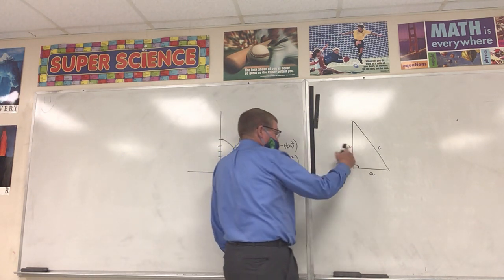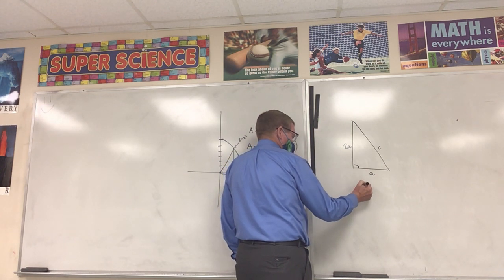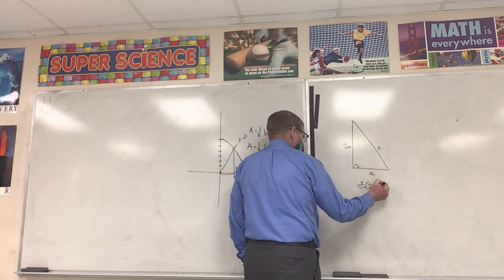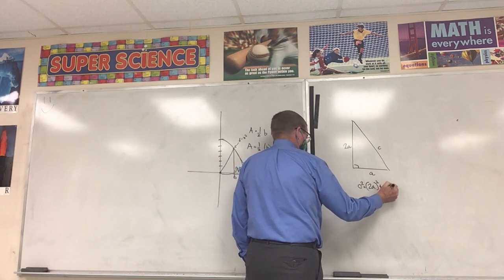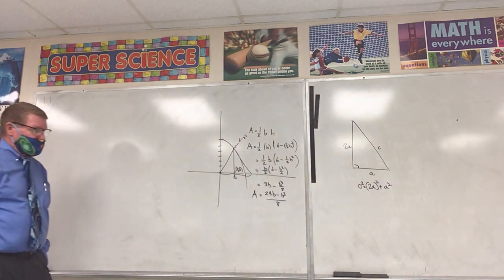So what's the relationship with the legs of a right triangle? a squared plus 2a squared equals c squared. Legs of a right triangle, Pythagorean theorem.